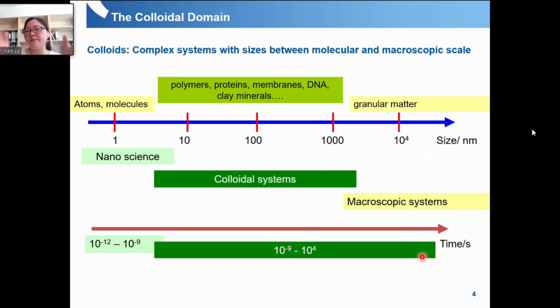So this gives you information on how fast your spectroscopy needs to be if you want to understand the kinetics or mechanism. So just keep in mind, the colloidal domain is not only the nano size, it's actually much broader.